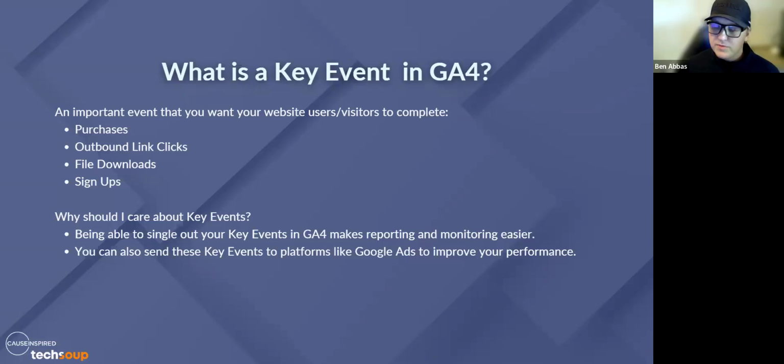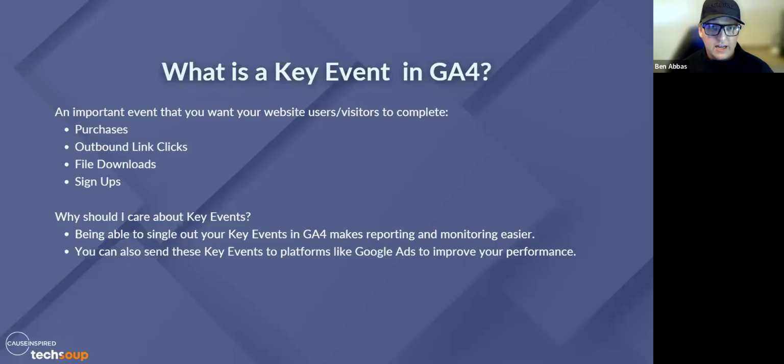Google Analytics can help you in a multitude of ways, but you can also send these key events to platforms like Google Ads to improve your performance. Selfishly, as someone who runs, monitors, and lives Google Ad Grants, GA4 and key events are the lifeblood of a grant account. Where we find success with the Google grant is building on conversion data.